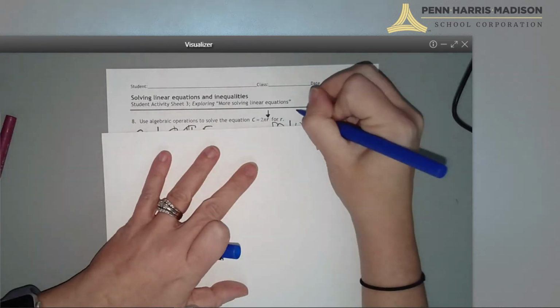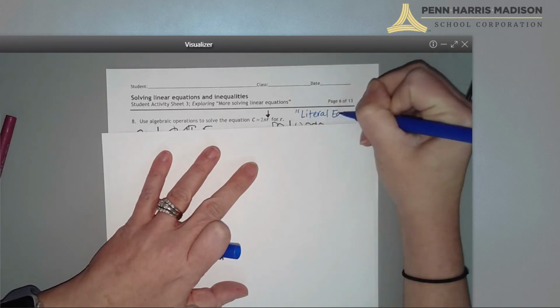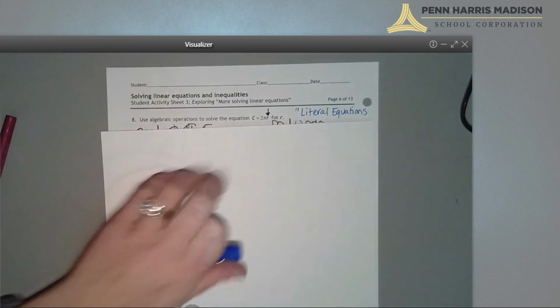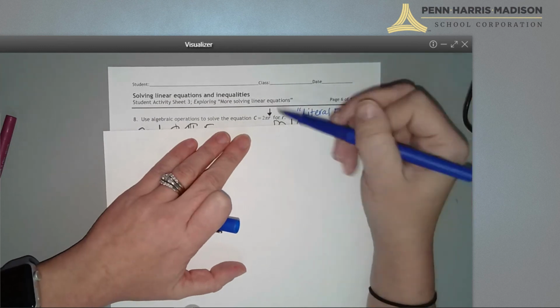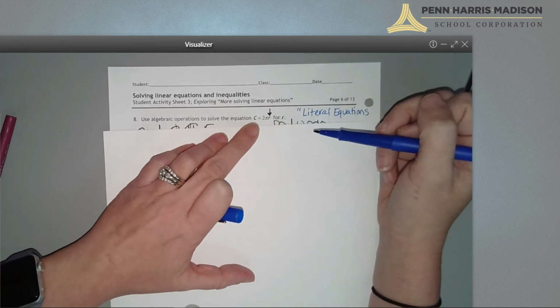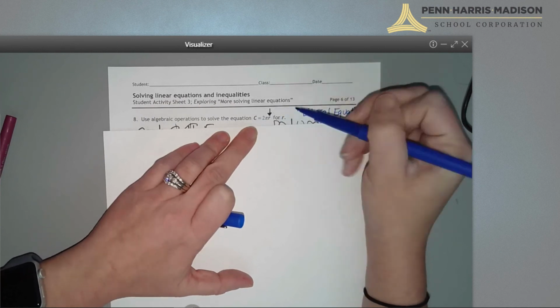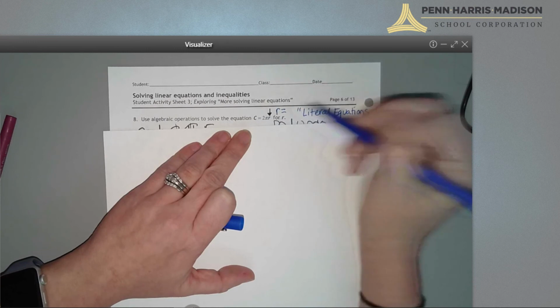Okay, literal equations. What we have, guys, is we don't have a whole lot of numbers. We just have letters. And all they're asking us to do is simply rearrange the equation so that instead of saying C equals, it's going to say R equals. All those letters are still going to be over there.